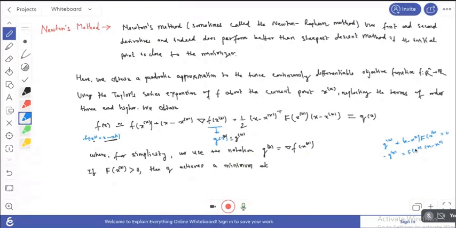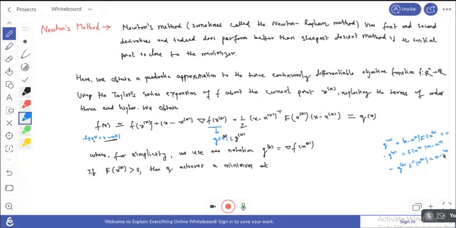Because this is a non-zero matrix, if we multiply by its inverse, this becomes minus gk times the inverse matrix, f'' inverse at xk, and that equals x minus xk.